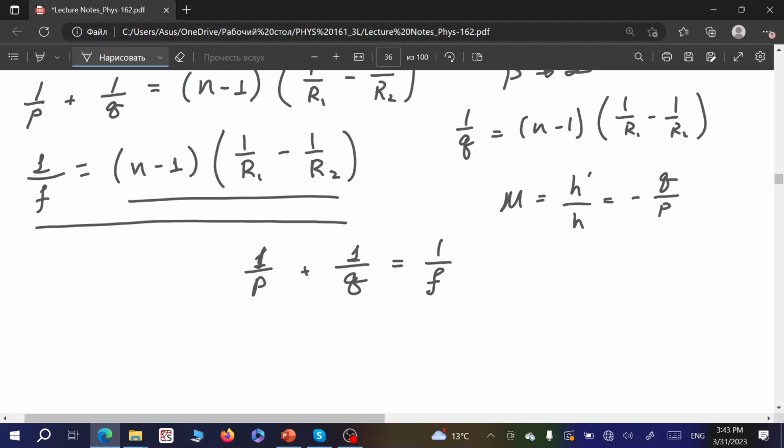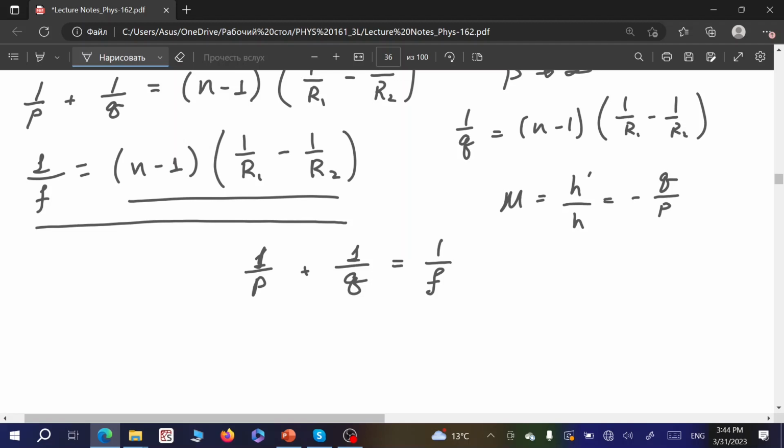So we have the same general equation for mirrors and lenses, where p and q are the distance from the object to the mirror or lens, and q from the image to the mirror or lens, but f is defined in different ways. We equated the last two formulas.